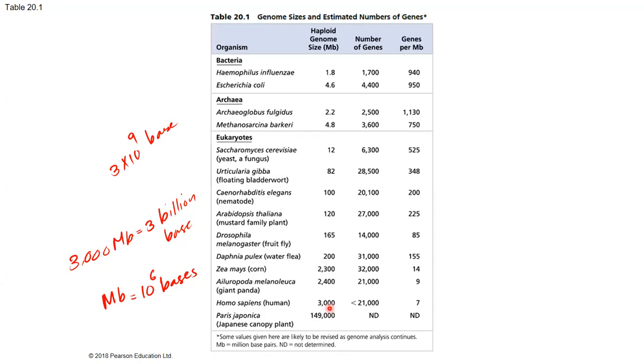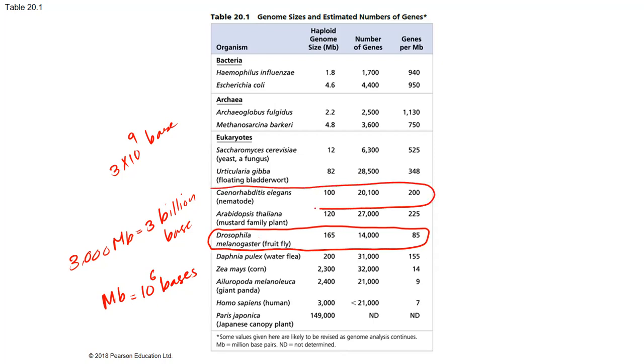So, for example, if you compare the genome of a nematode, C. elegans, with the genome of Drosophila, the fruit fly, the genome of Drosophila is larger.